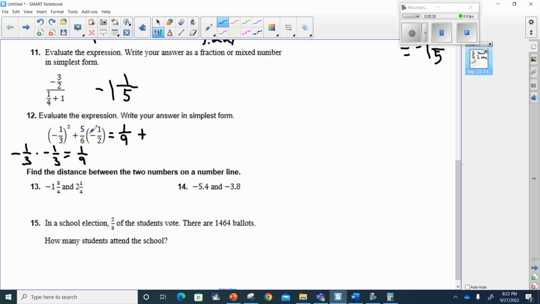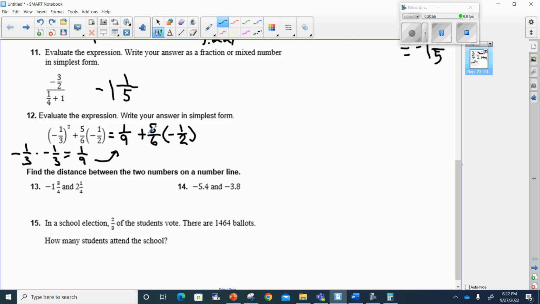Plus, now I've got another multiplication problem here. Well, this was exponent, so I'll just write this part step by step. 5 over 6, we're multiplying it to negative 1/2. Everyone sees where that came from. Now I got to do multiplication before addition.